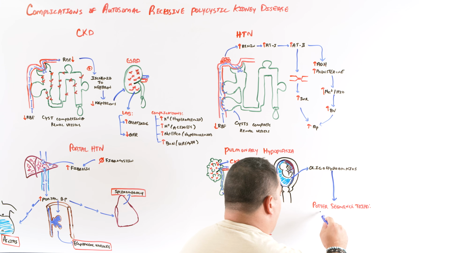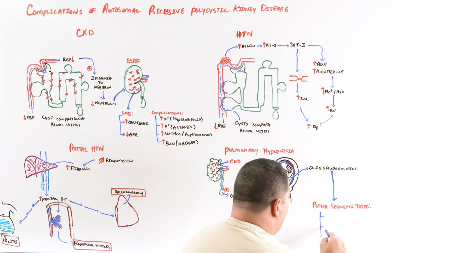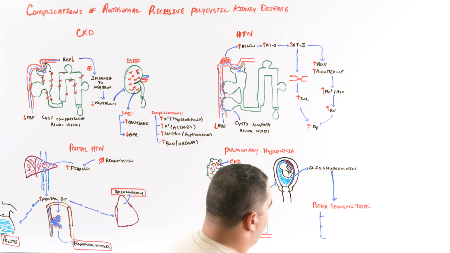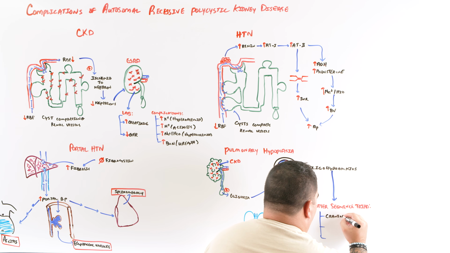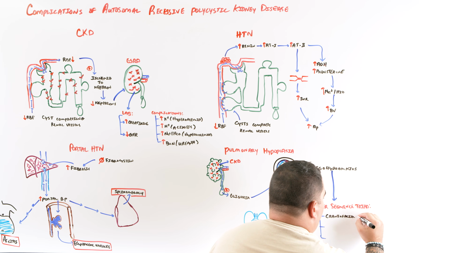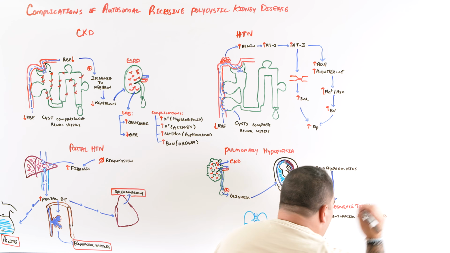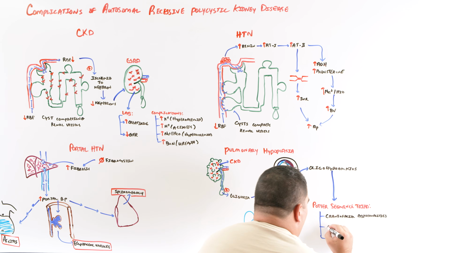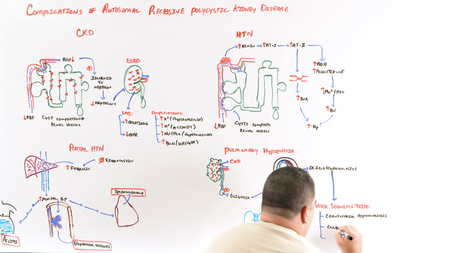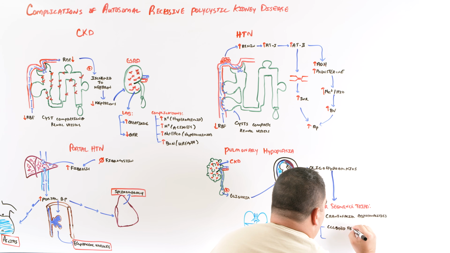Oftentimes the triad that we like to remember to make it easier for us on our exams is it causes craniofacial abnormalities. And there's a bunch of them. The second one is club feet. It kind of smashes on the poor little baby's legs and can cause clubbed feet.